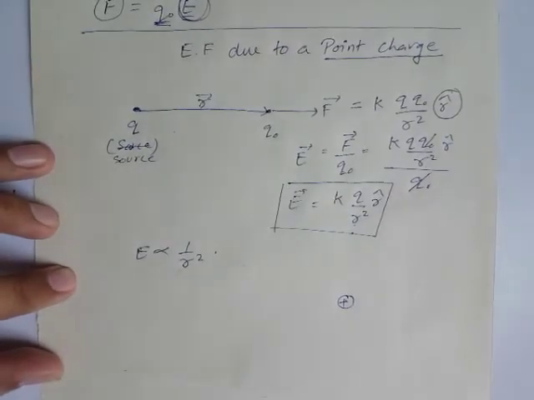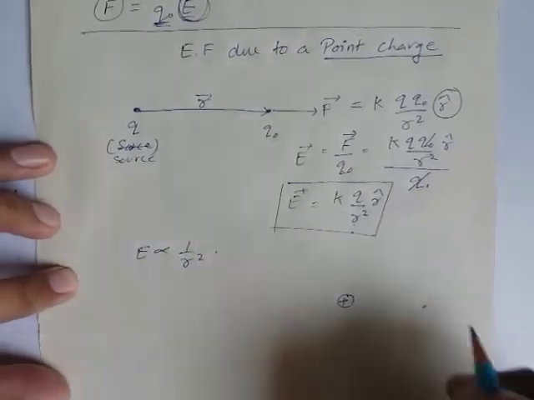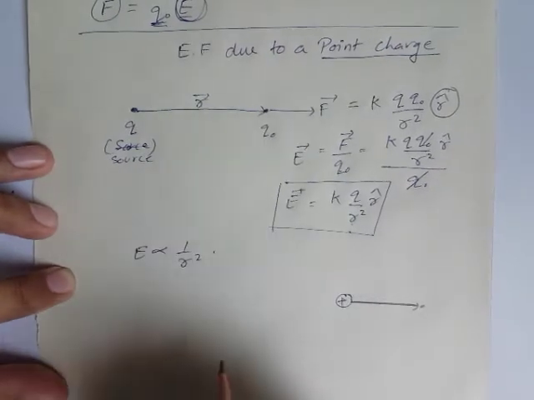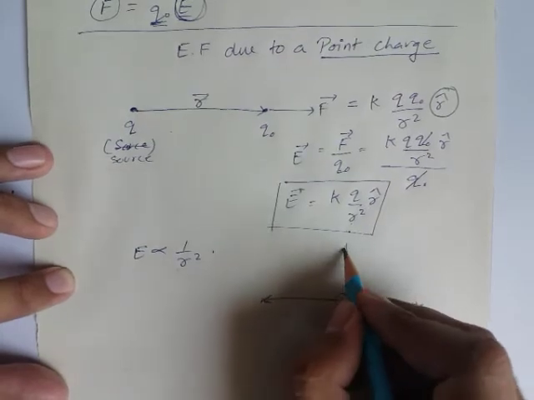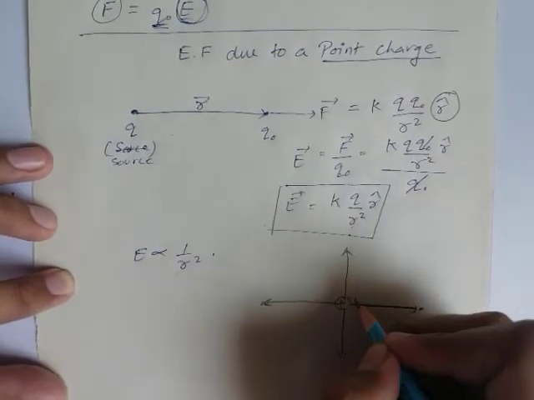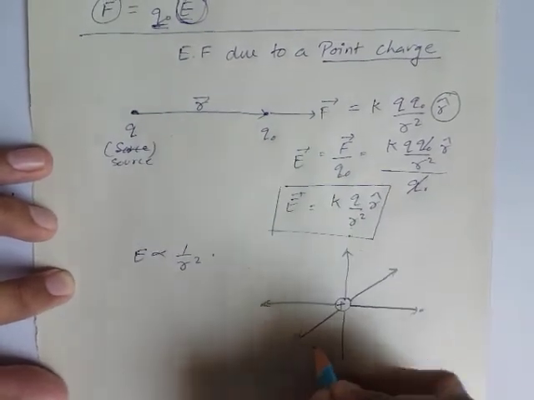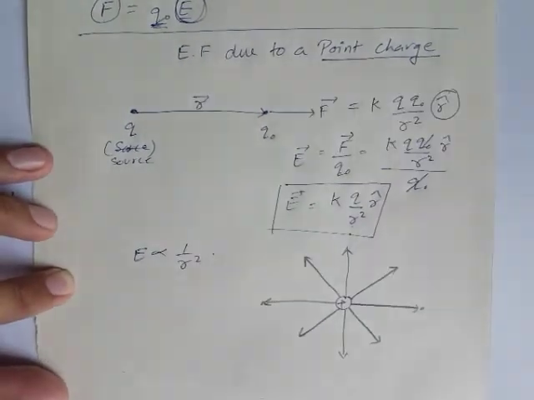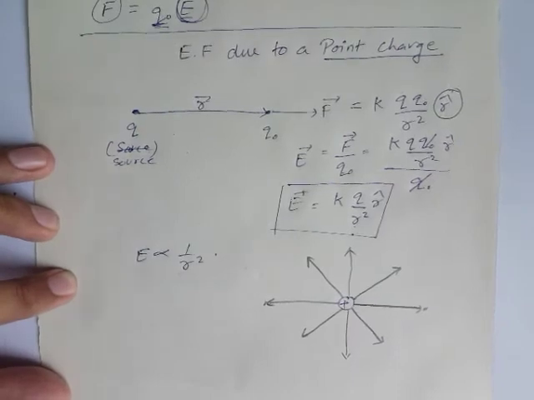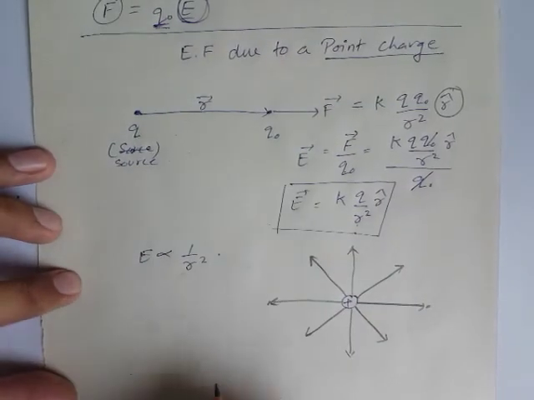Because if I draw a point here, the electric field is in this direction. If I draw a point here, then it is going in this direction. So all around the charge, in the surrounding, the electric field is going to be distributed. So we can draw this in all directions. Okay, that's it. Thank you.